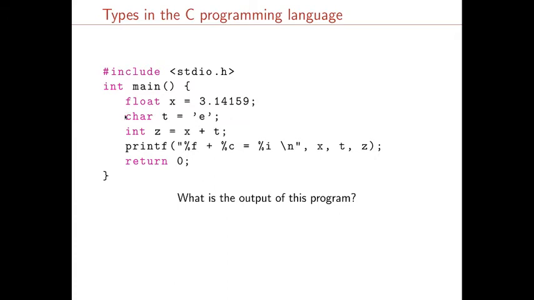In the second step, we declare a variable t of type character and assign it the value e. The third step is to declare a variable z of type integer, and we assign it the value x plus t, where x and t are the floating point and the character that we have declared before. And then we print the result of this operation.